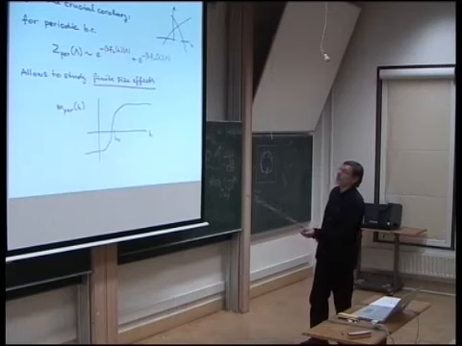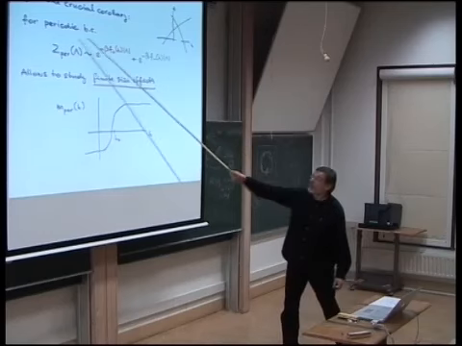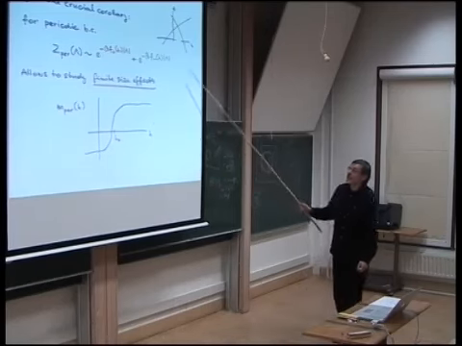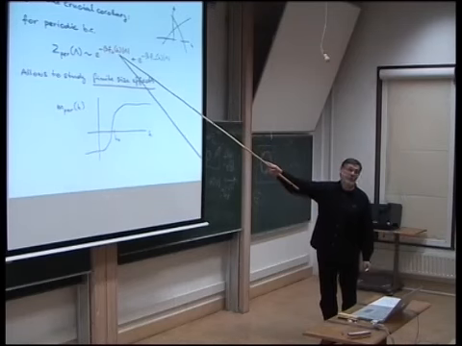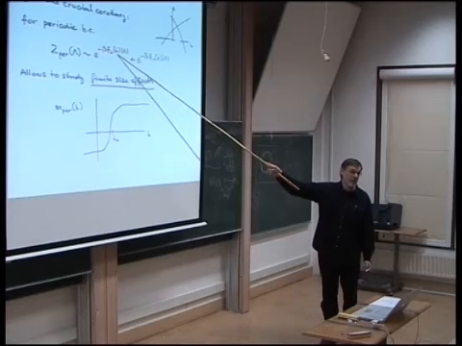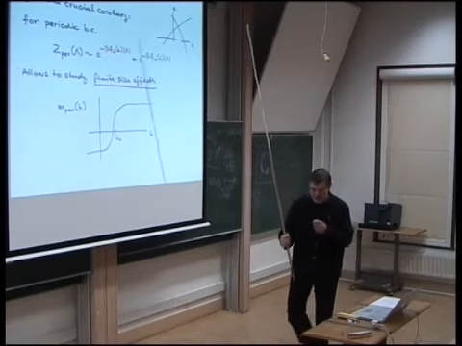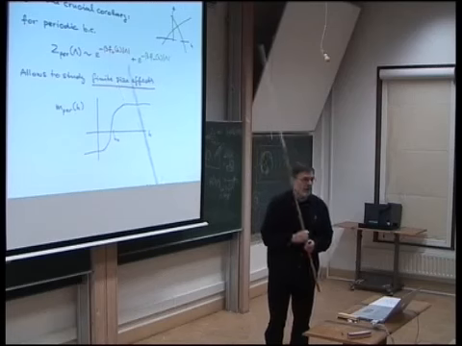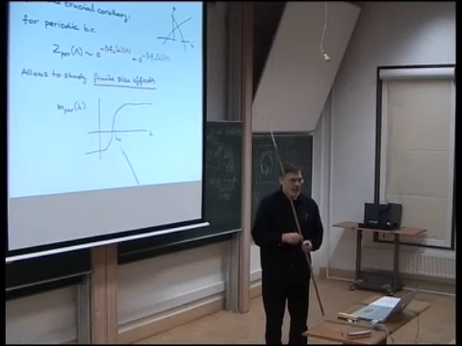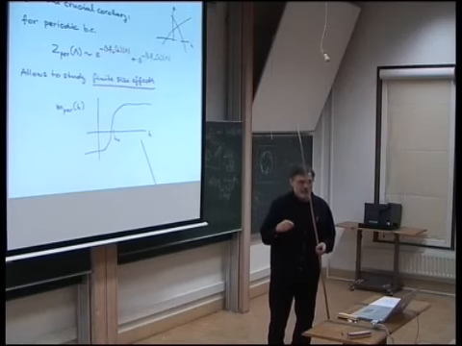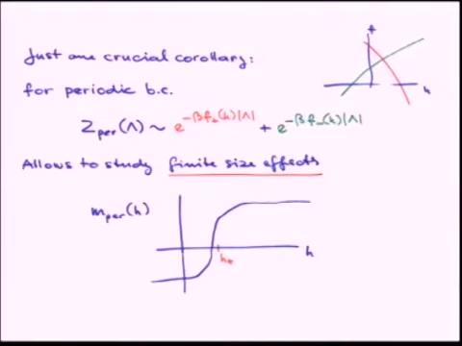But it turns out that the same formula as here can be extended even to complex values of the external field. Okay, because of this construction of f plus and f minus. If you think about it, there is nothing that really prevents you from taking complex values for h. Okay, so then you can study zeros.